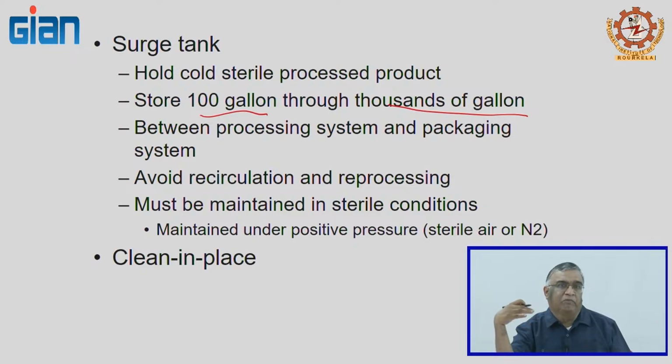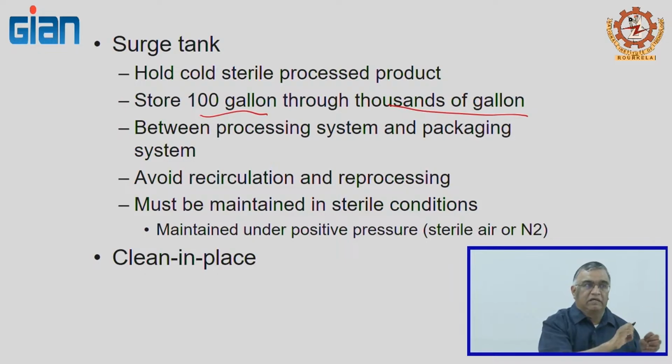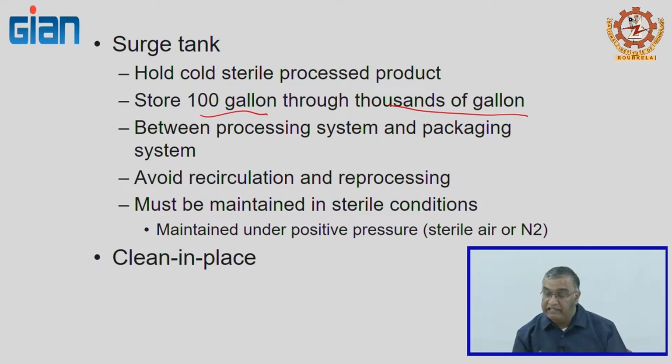For example, you may be processing orange juice, you are getting fresh oranges, and you are processing orange juice using aseptic processing. You can probably process millions of pounds, store them in the aseptic tank, and then bring them later to package into small individual size containers.